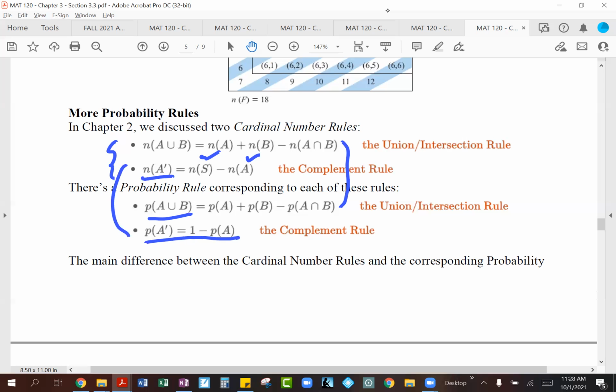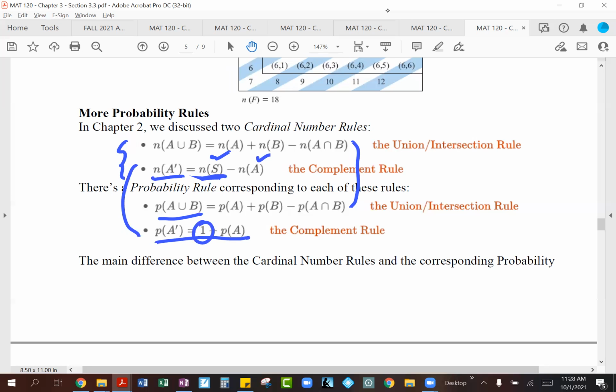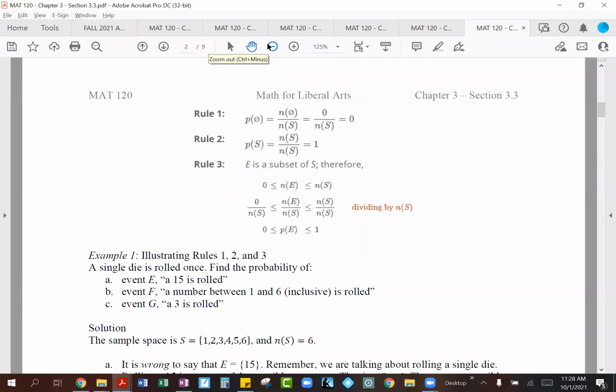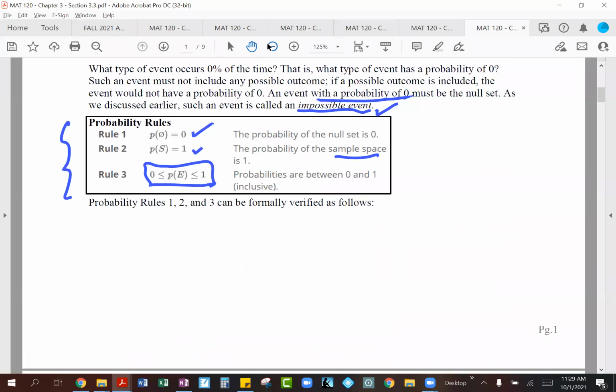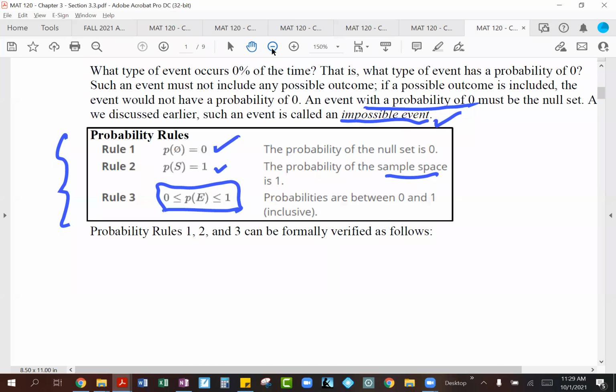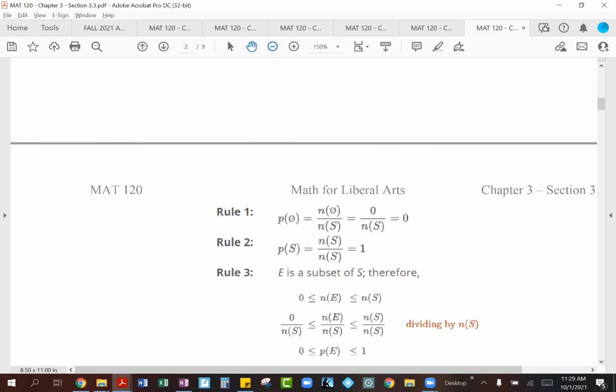So remember, the probability for a sample set is always 1. And we saw that in our rule 2, I think. Yeah, with rule 2, we said the probability of a sample space is going to be 1. So that's the rule we are using over here.